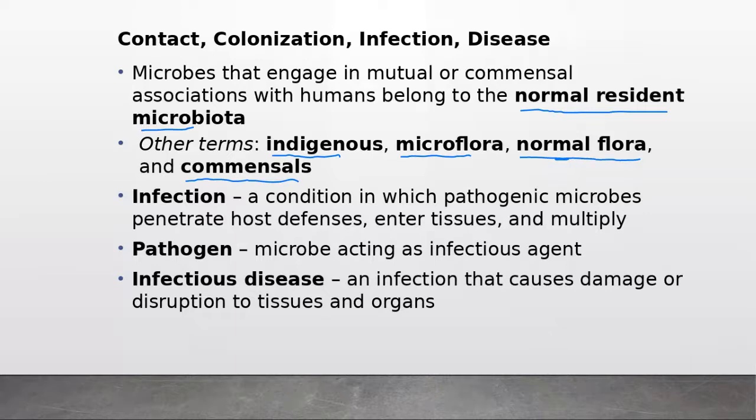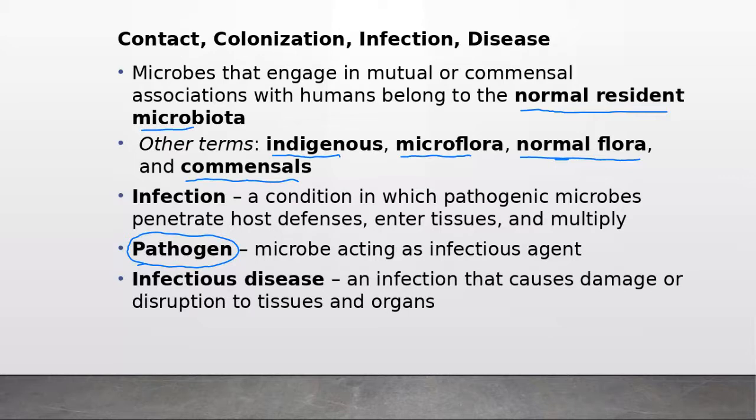So these are different names for microorganisms that live on us, and most of them are beneficial for our immune system, beneficial for us. And then there are some of them that cause infection. It is called a pathogen. So a pathogen is a microorganism that causes infection to us.